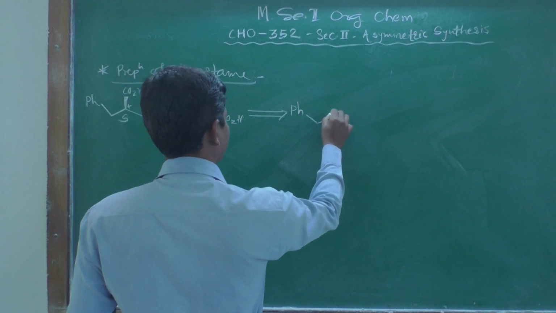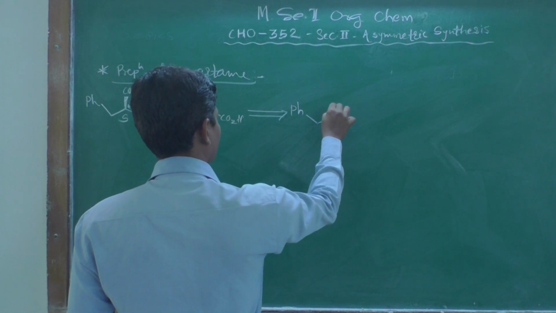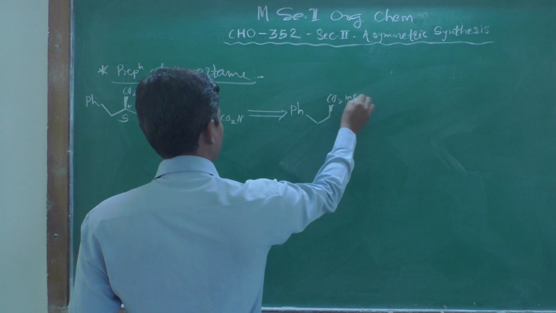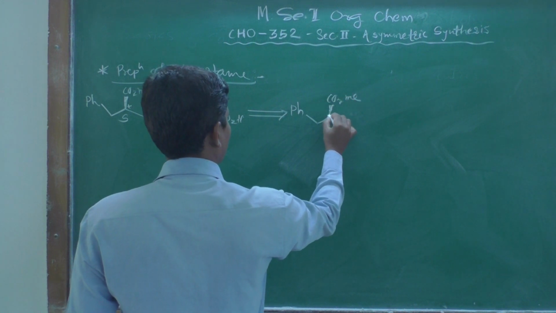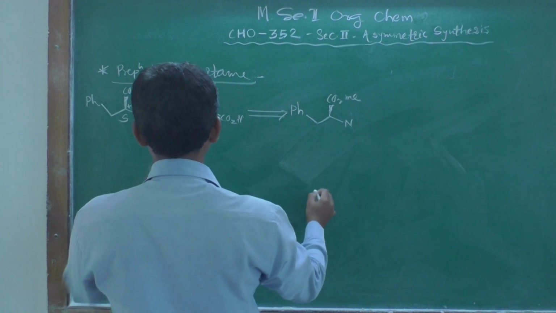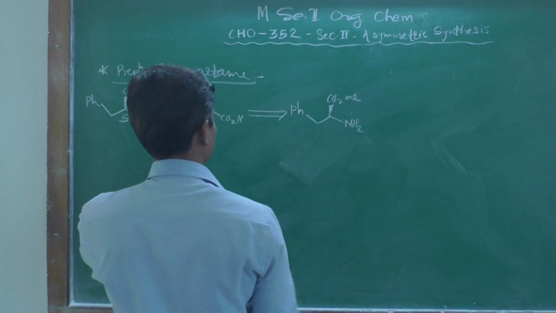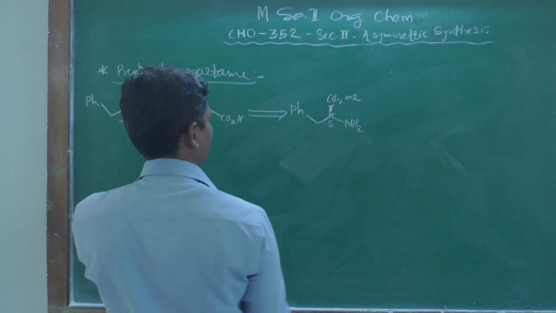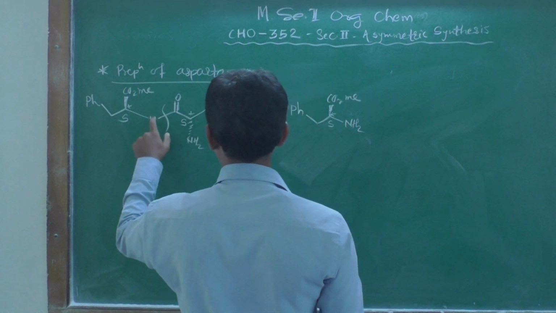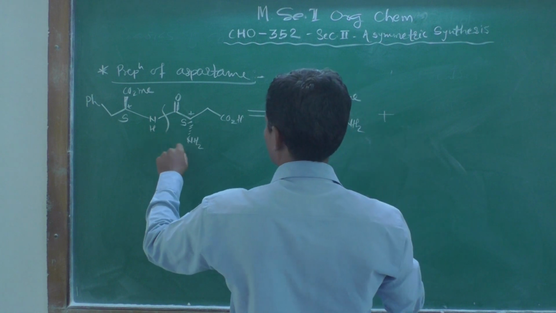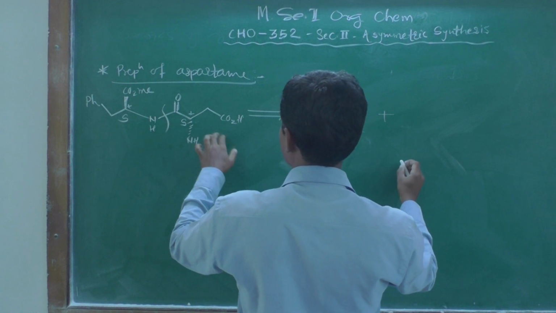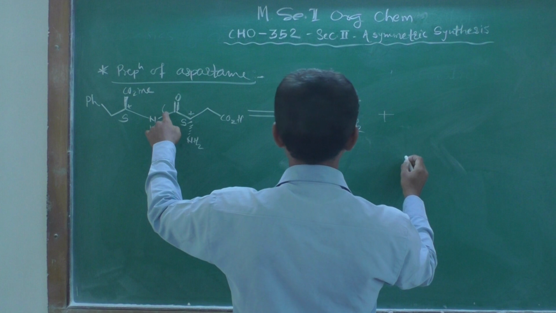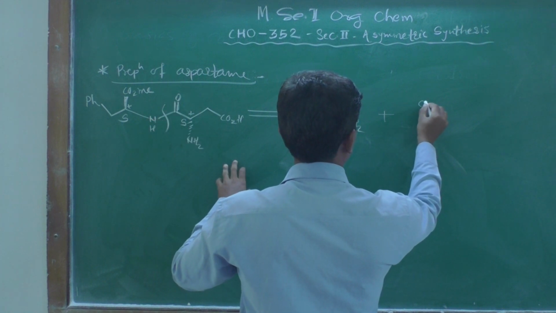The first is PhCH2, CO2Me, with NH2; the stereochemistry is here. So we get this molecule after breaking the amide bond, and the second molecule will be CO, which will give you COOH.